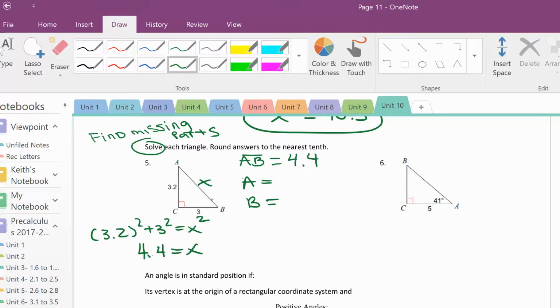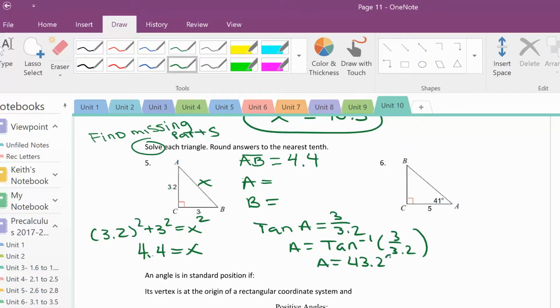Now to find the angle, one of them you'd set up a trig function. To find A, we'll do tangent because we have opposite and adjacent. So then we just do tangent inverse. And you get 43.2 degrees.